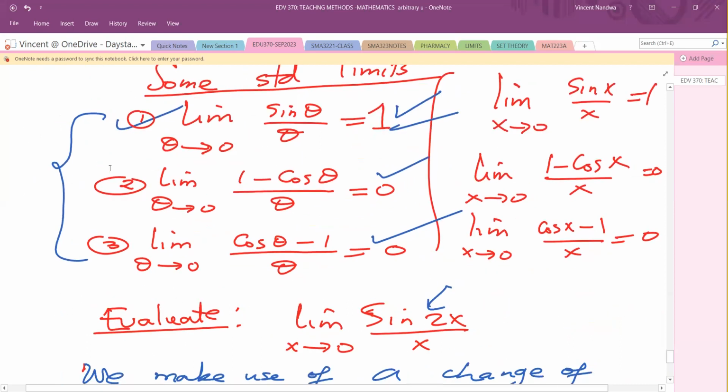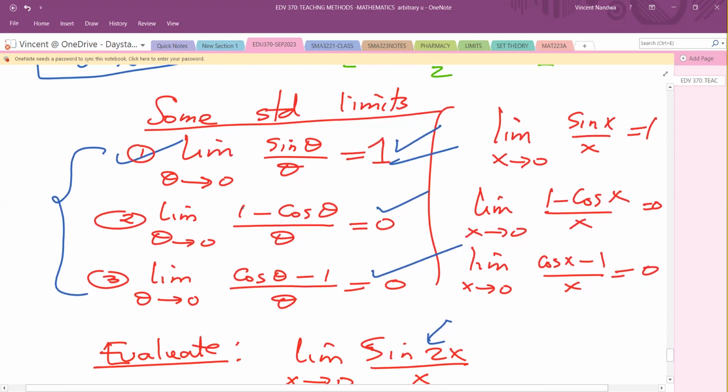So there are two versions for cosine: 1 minus cos and cos minus 1. For cosine, even if theta is on top and sine is below, you still get 1.